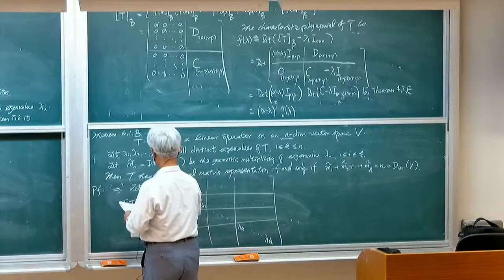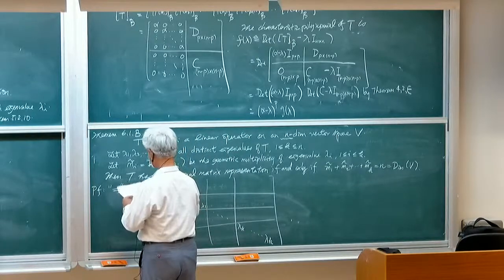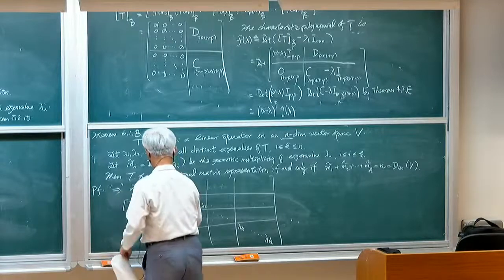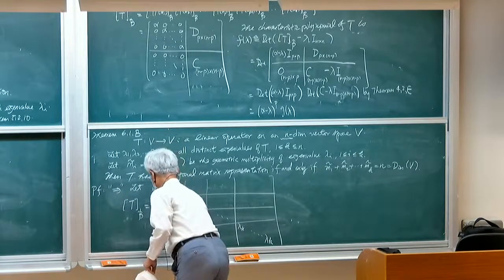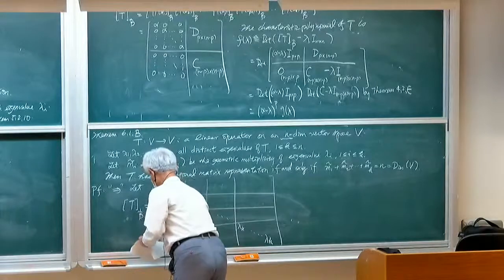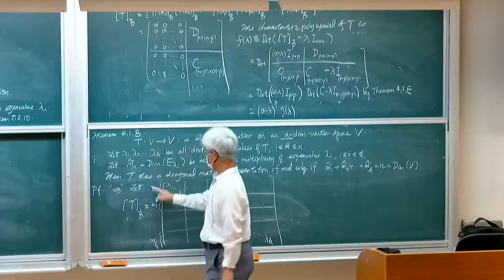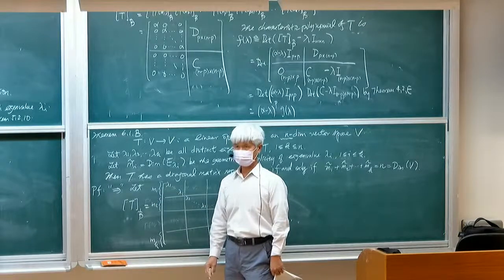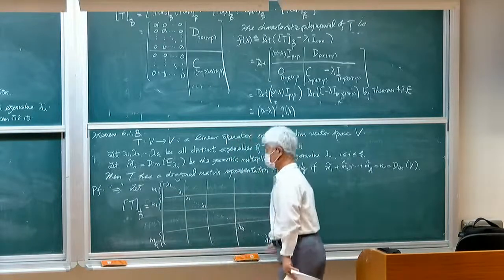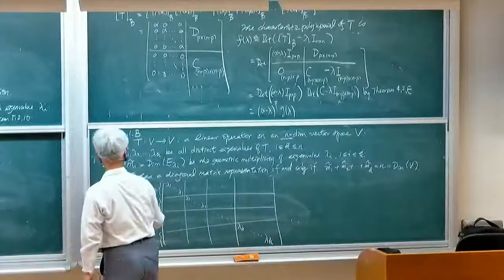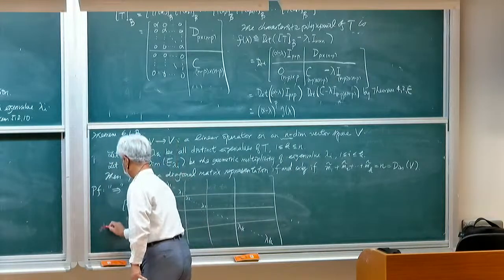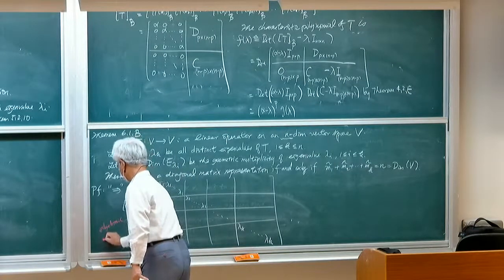And here we have m1, m2, up to mk. Without tilde, they are called algebraic multiplicity.